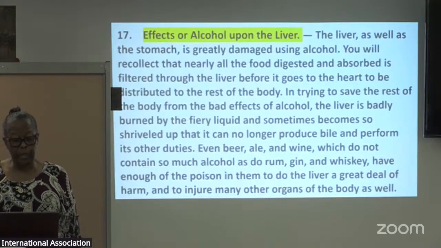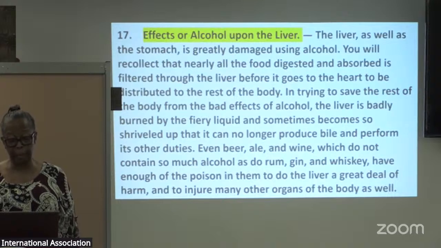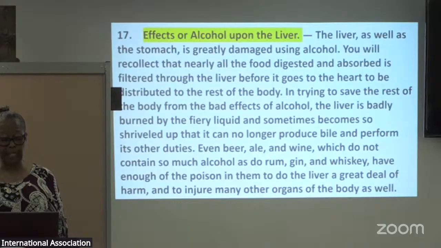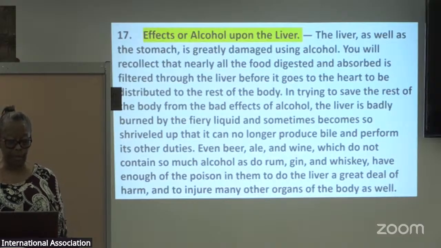You will recall that nearly all food digested and absorbed is filtered through the liver before it goes to the heart and is distributed to the rest of the body. In trying to save the rest of the body from the bad effects of alcohol, the liver is badly burned by the fiery liquid and sometimes becomes so shriveled up that it can no longer produce bile and perform its other duties.